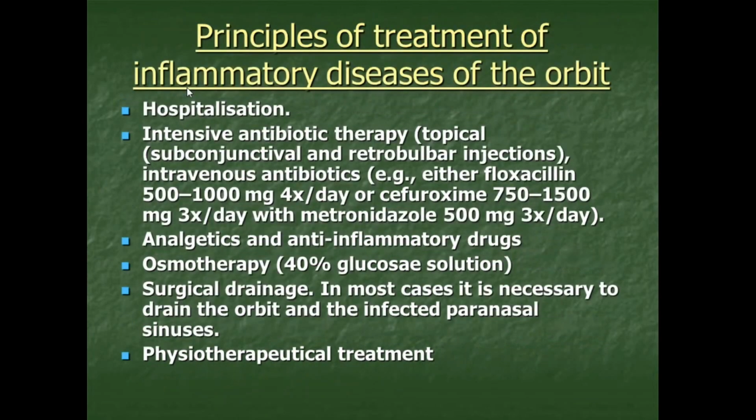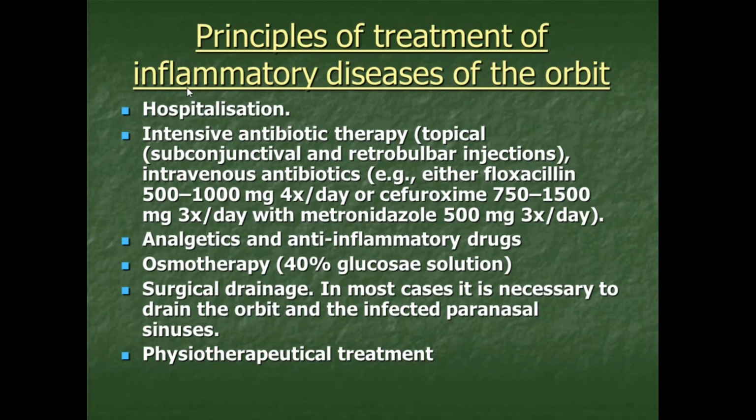The treatment of orbital cellulitis should be aggressive. Of course, it's hospitalization, intensive antibiotic therapy, retrobulbar injection, intravenous antibiotics, analgesic and anti-inflammatory drugs, osmotherapy.